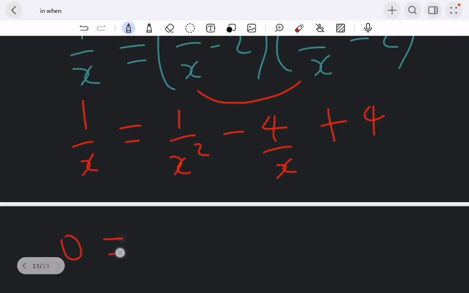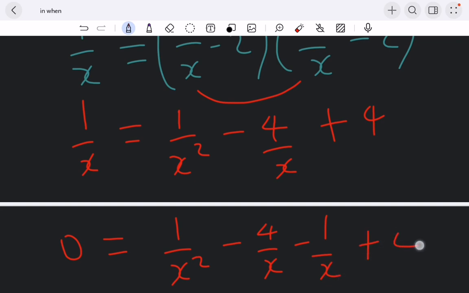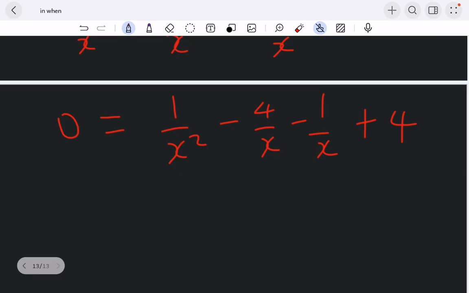So 0 is equal to 1 over x squared minus 4 over x minus 1 over x plus 4. And then we're going to scroll up a bit, and 0 is equal to 1 over x.